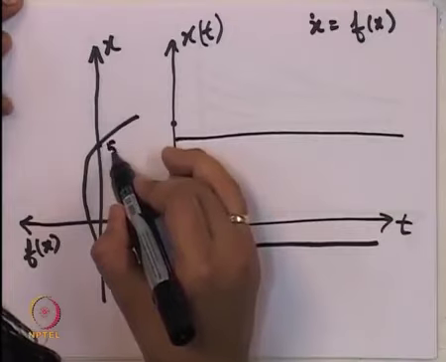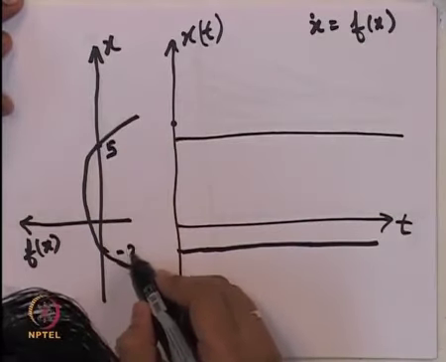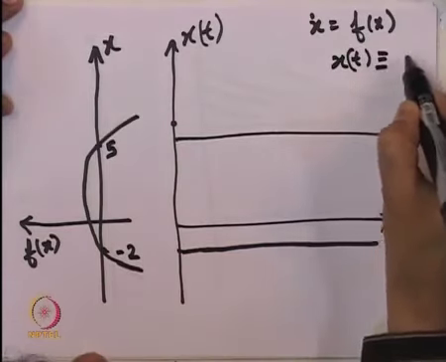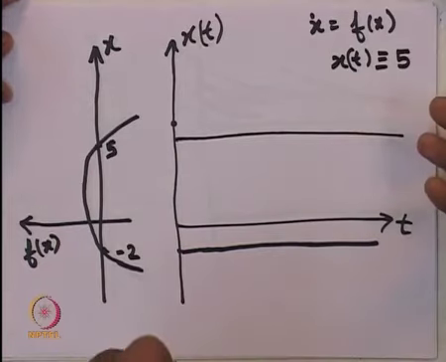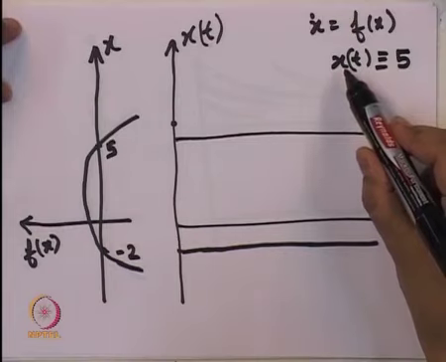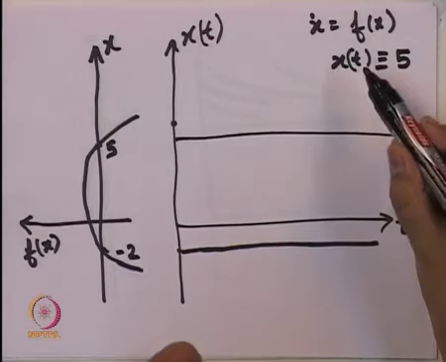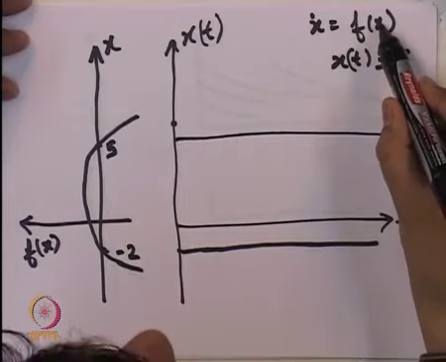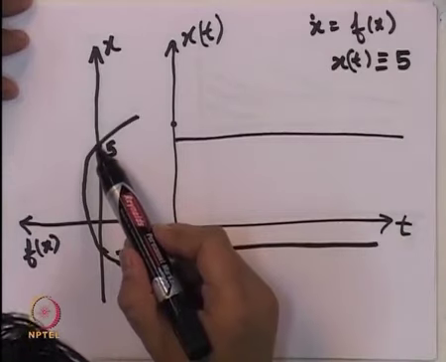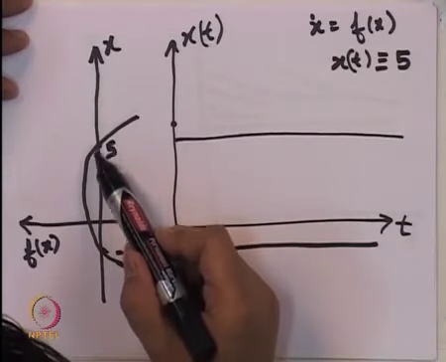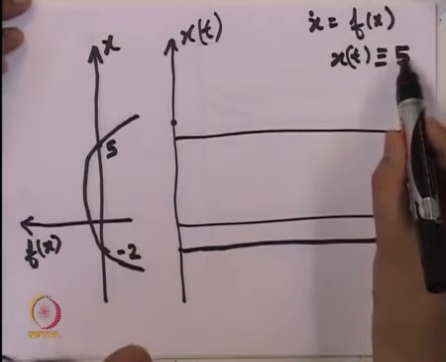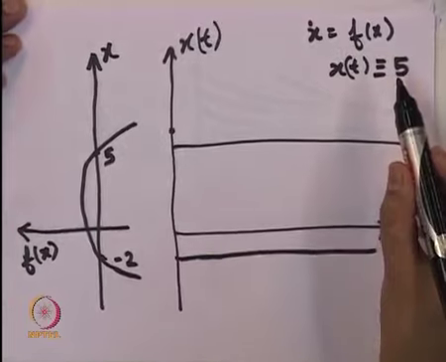Suppose this value was equal to 5 and this one was equal to -2, then x of t equivalently equal to 5 is already a solution to the differential equation. Why? Because at x equal to 5, if we want to find whether x is increasing or decreasing, when we substitute x equal to 5 in this equation, we see f is equal to 0. Why? Because we see that the graph of f versus x cuts the x axis at x equal to 5, and hence x of t equivalently equal to 5 is a solution to the differential equation.